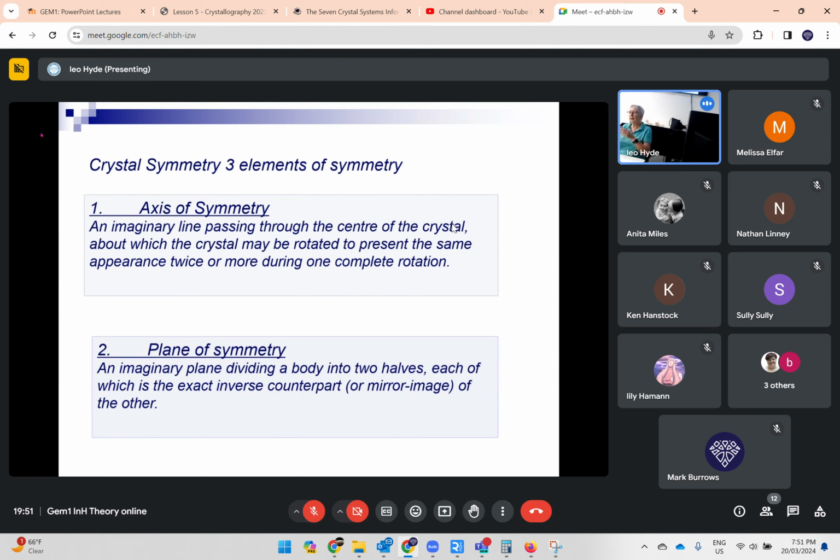Now I only want to talk about that for the orthorhombic system, but you could apply that anyway because we always by tradition have the short A-axis front to back and the longer one, the B-axis, side to side. So brachyaxis, macroaxis.